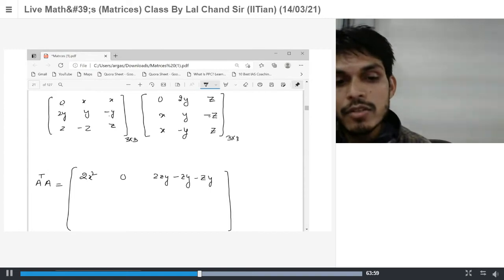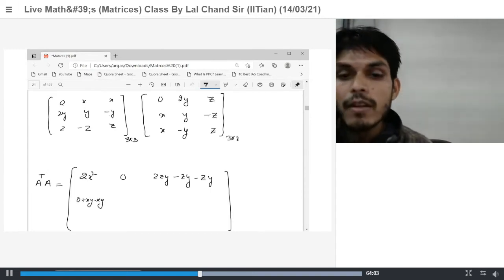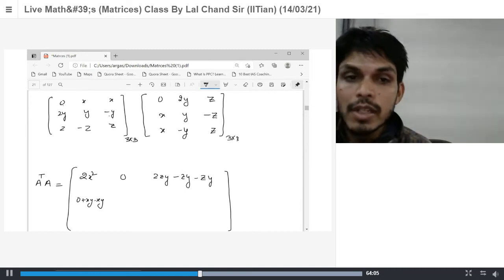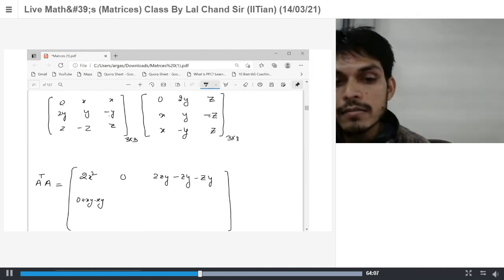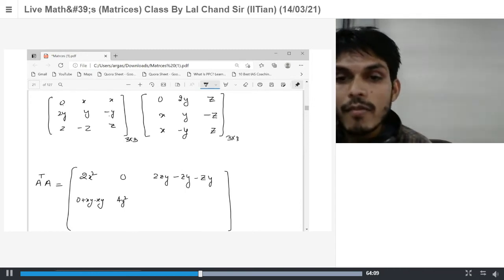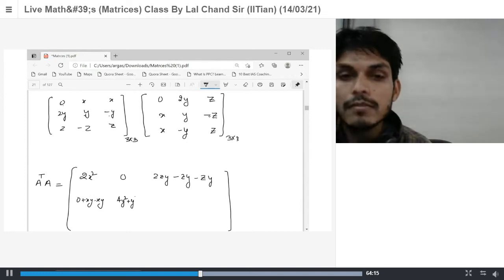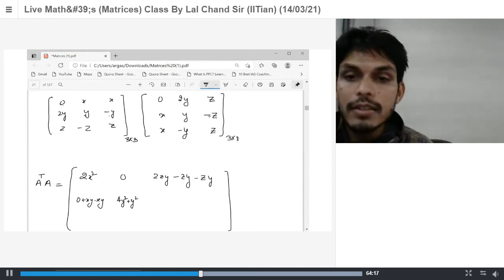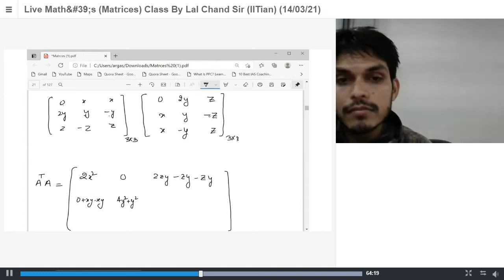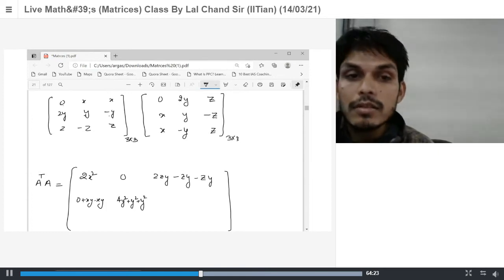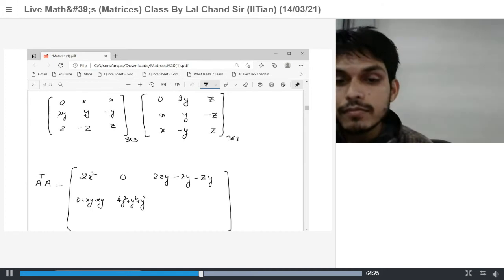So I have 0 plus xy minus xy. Okay. So row into C2, I have 4y square plus y square and this is plus y square.